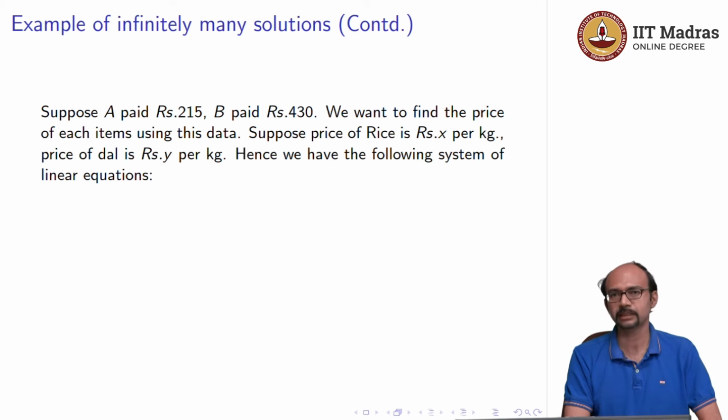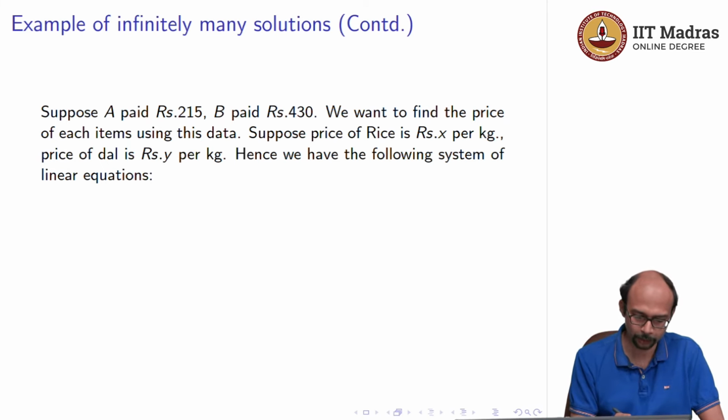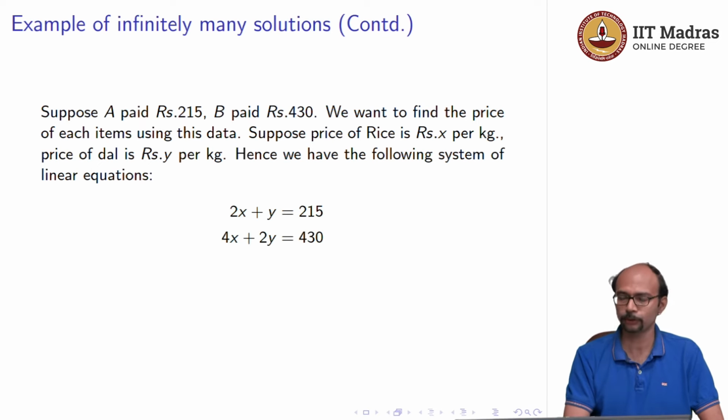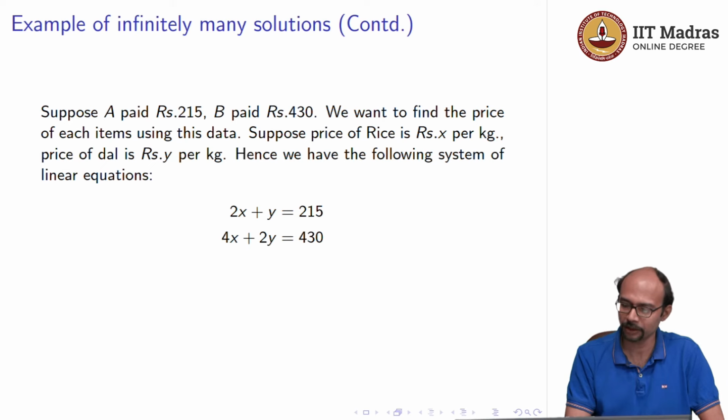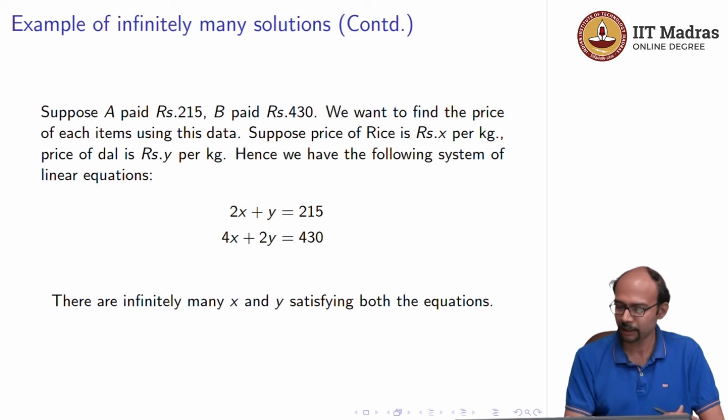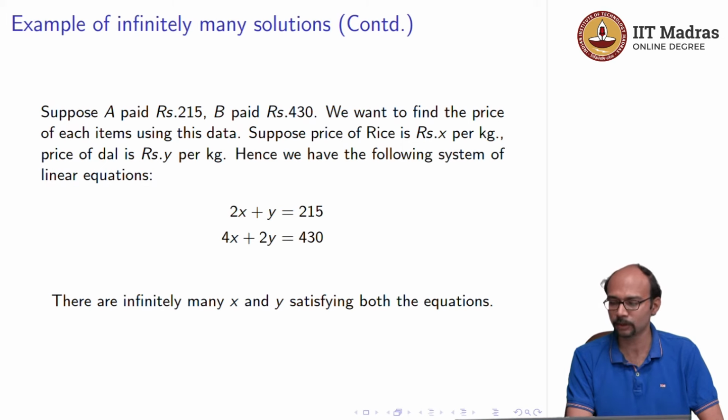Again, as in the first example, we want to find the price of rice and the price of dal. Put into linear equations, this is 2x plus y is 215, 4x plus 2y is 430. And there are infinitely many x and y satisfying both equations. I'll encourage you to find out why that is the case.